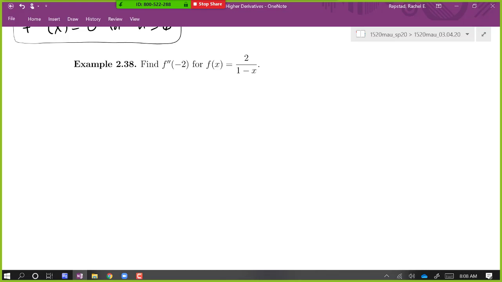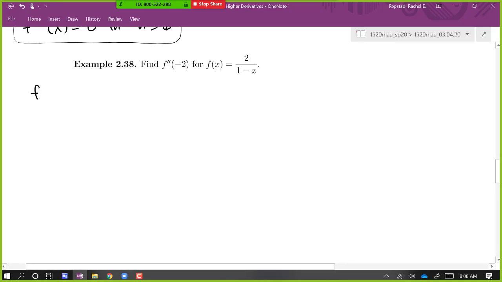So when I look at this function, there's a couple ways we could find the derivative. And you'll get the same correct answer either way, but one way is a little bit easier than the other. I notice that there's no x on top, right? It's just a constant on top.